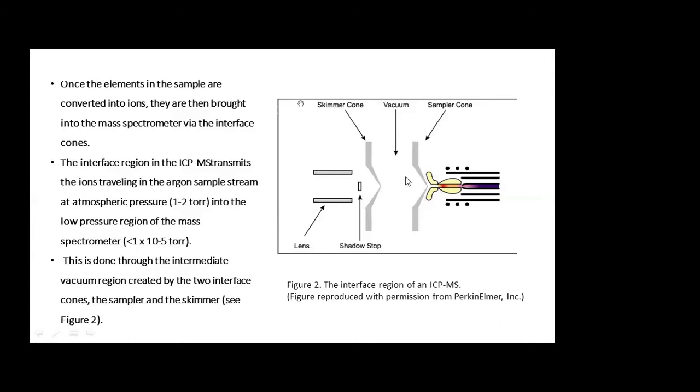Here you can see this is the vacuum region intermediately, and it is created by two interface cones. You are seeing two interface cones here, the sampler cone and the skimmer cone. In between this sampler and skimmer cones, we have vacuum which helps the pressure to drop suddenly.